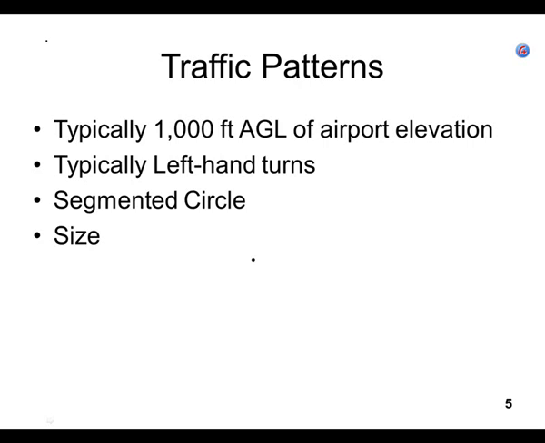So that's not what your altimeter says. It's your altimeter minus whatever the height is below you. So at Reedley Airport, it's really easy. At Reedley Airport, the elevation is 380 feet. So what's the traffic pattern altitude at Reedley Airport? Probably it's in MSL.